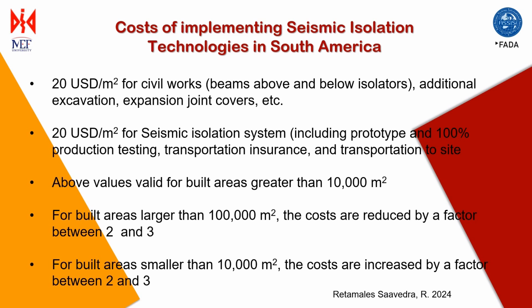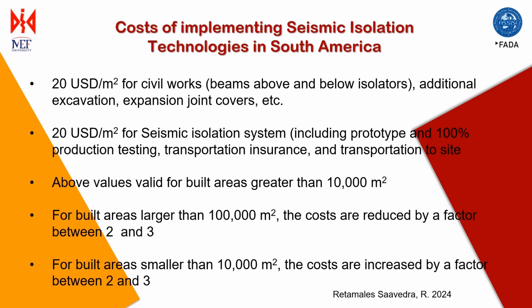This information is from Rodrigo Retamales. $20 per square meter for civil works, beam above and below isolators, additional excavation, expansion joints, cover, etc. $20 per square meter for seismic isolation system, including prototype and 100% production testing, transportation, insurance, and transportation to site.